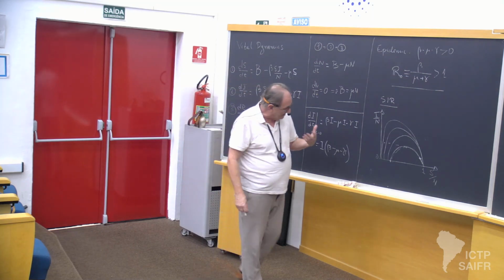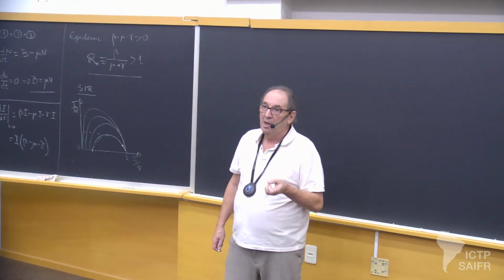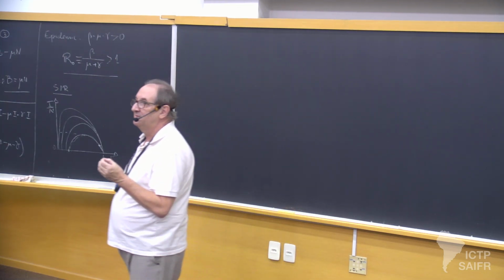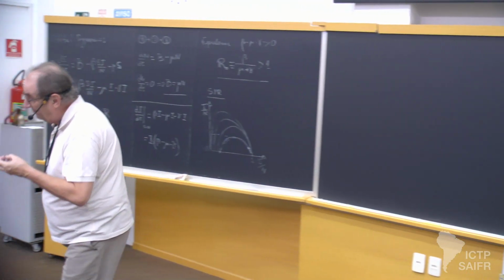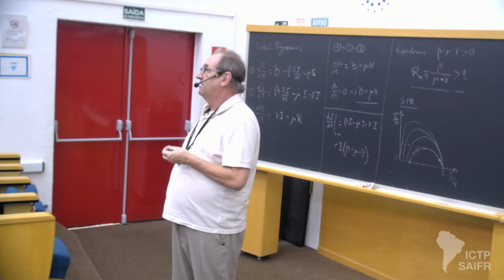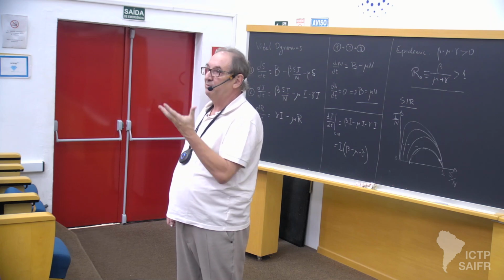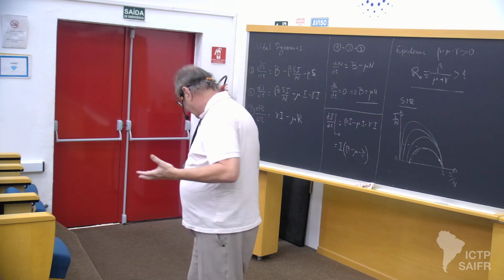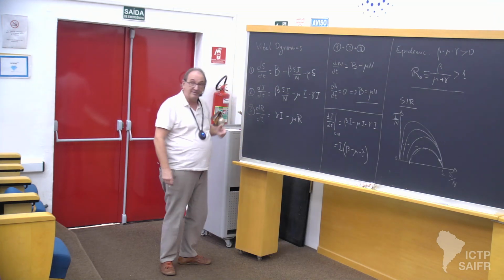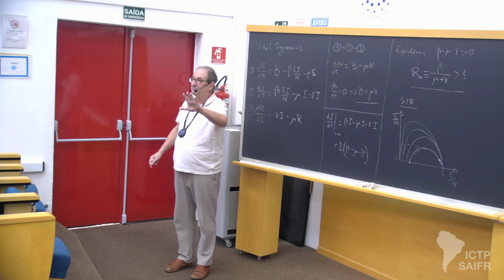Now, in this language of dynamical systems, when we have a situation where the population is constant, or the variables are constant, and if it's not populations, it's something else, when you have this, you say you have a fixed point. A fixed point is where all of these three derivatives are 0. Nothing changes.